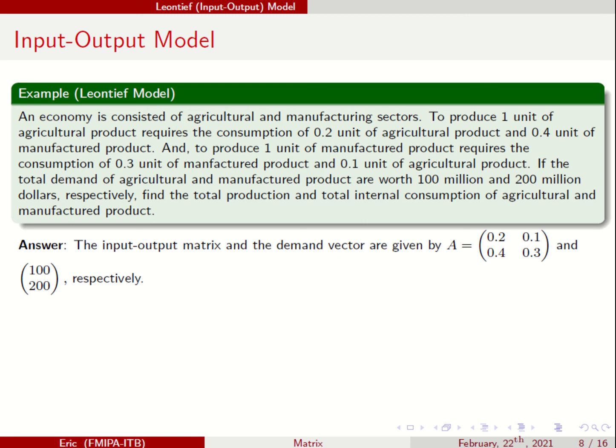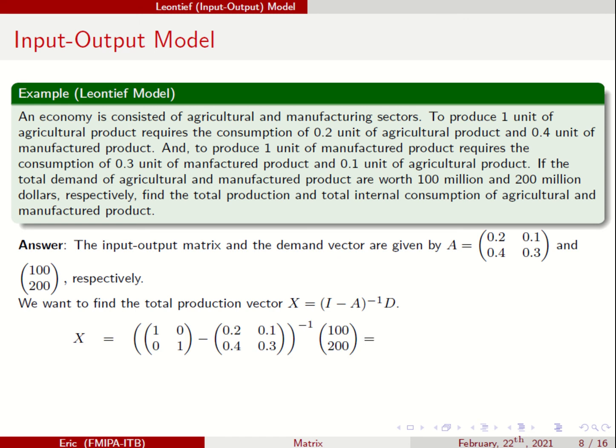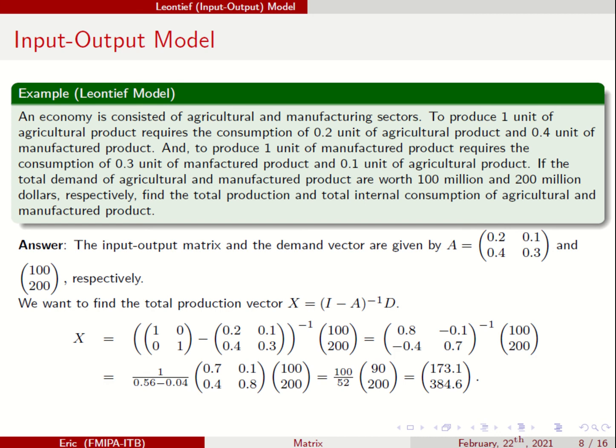So you have to find the total production first, the X. Okay, yeah. So you want to find X, that is I minus A inverse times D. So you can use I is this, A is this, inverse times D. And so you want to find this inverse times D. This inverse, you can have 1 over the determinant times the adjoint times 100 and 200.